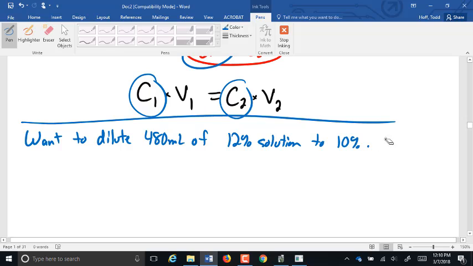What will the volume of the final solution be? What will the final volume be?